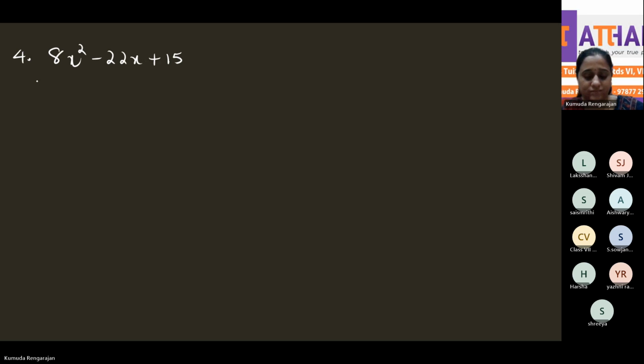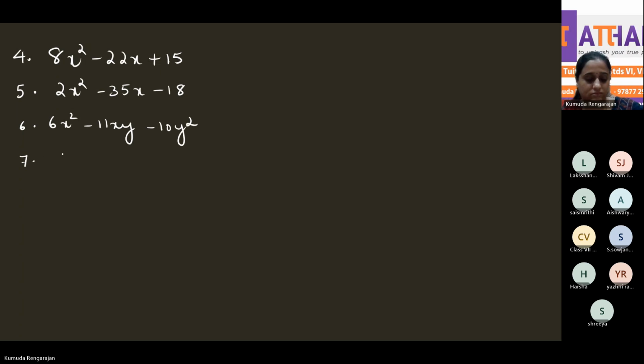Start working. These 4 sums are for today's class.